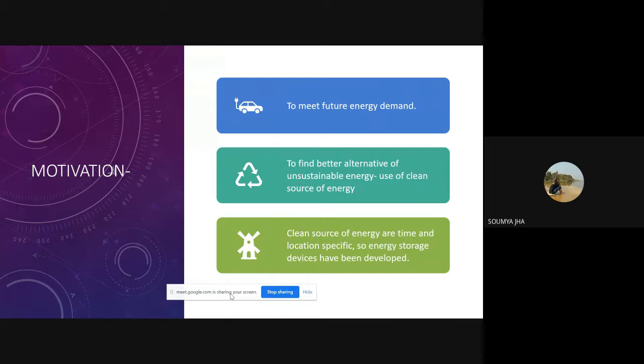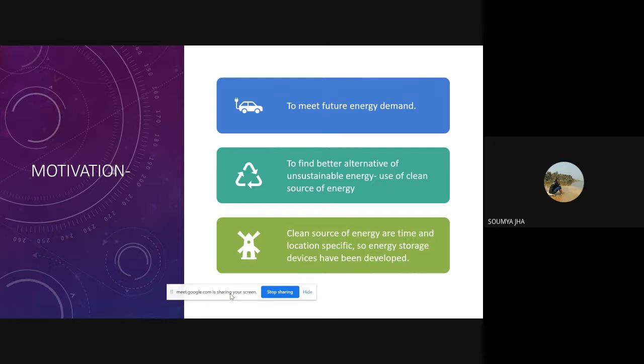As we all know, all non-renewable resources like petrol and coal are depleting day by day, and within a few years, like in 50, 60 years, these will be completely finished. So, in order to meet future energy demand, we should use clean sources of energy, and moreover these non-renewable resources are generally not eco-friendly, and they are hazardous to our health also.